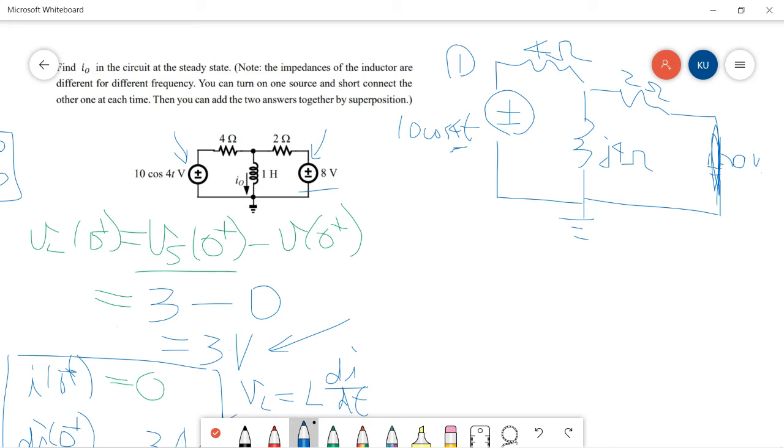Okay. So in this case, we can calculate the phasor I at this path, which is I equals to 10 over 4 plus 2 parallel with j4.